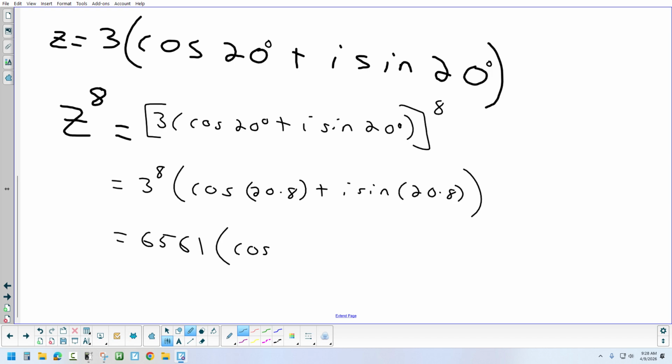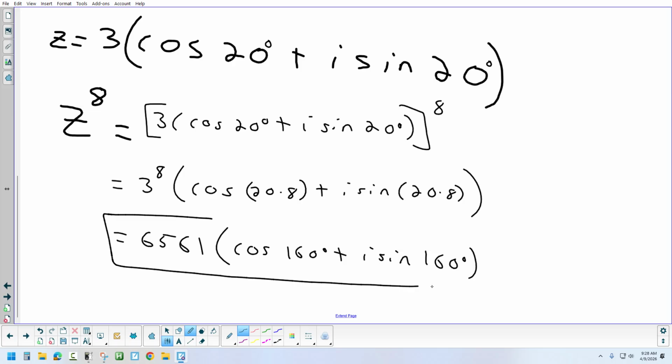What's 20 times 8? 160. Yep. And that's the answer. So raising 3 to the 8th power and multiplying 20 by 8 took the place of having to put 8 sets of parentheses and FOIL everything out.